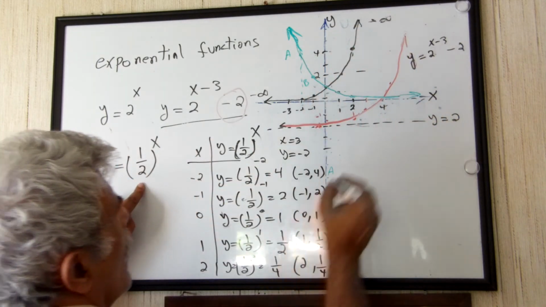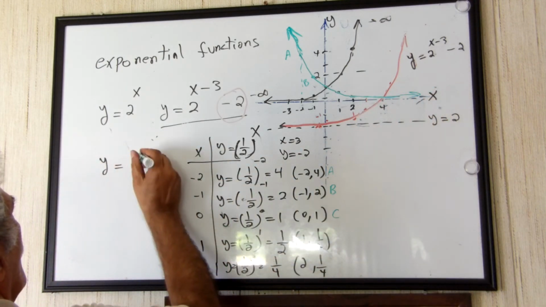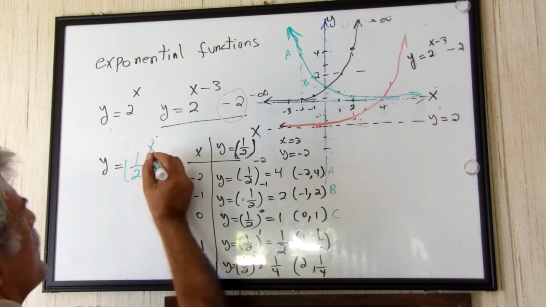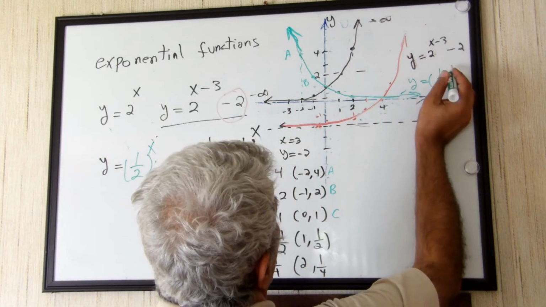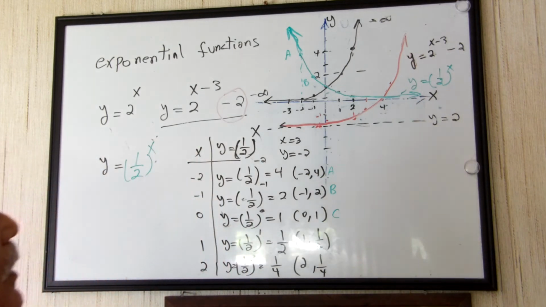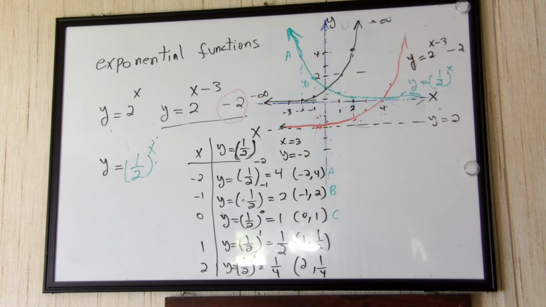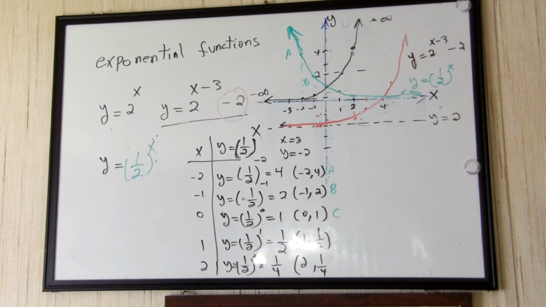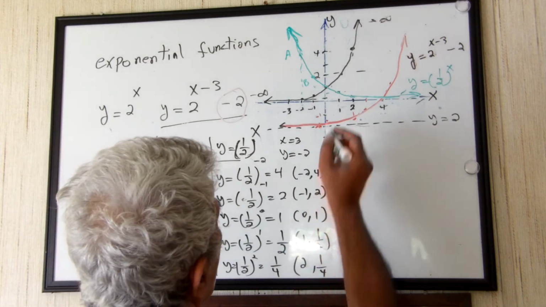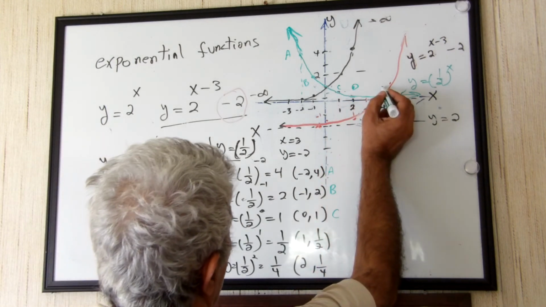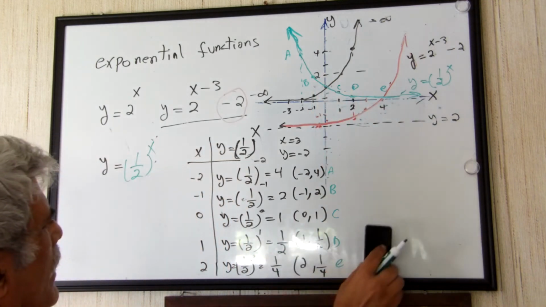This is y equals 1 over 2 to the power of x. We find the points A, B, C, D, E, and we connect these points and we get that.